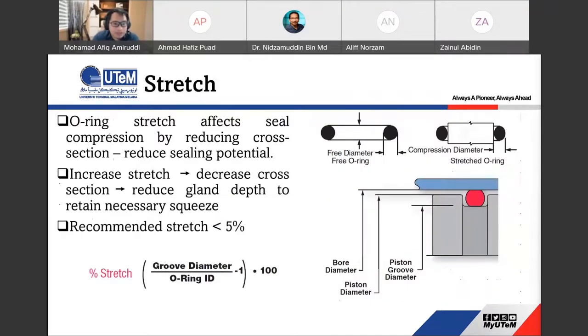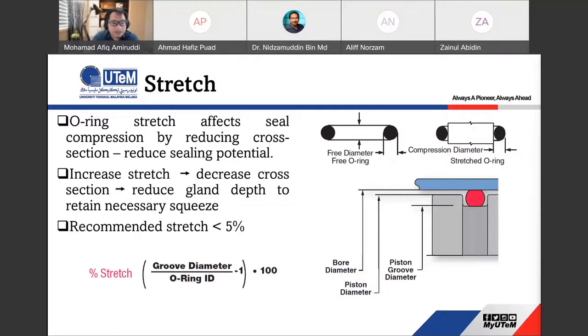For stretch in a PRV or PRV test bench, stretch is not a crucial effect on the application, but for a piston or anything that requires the radial position of the O-ring, you need to carefully select the stretch numbers.